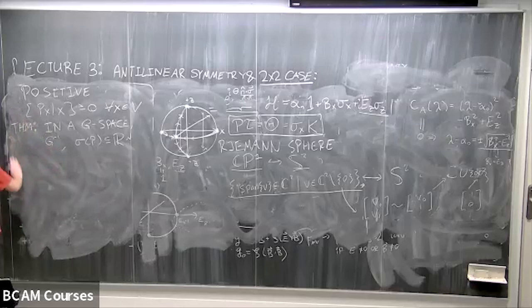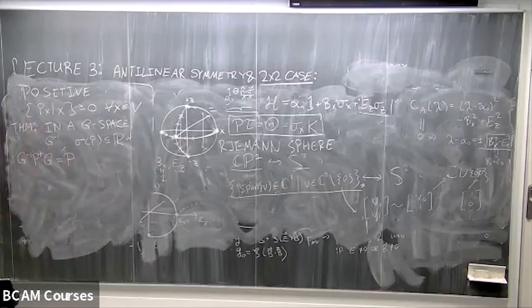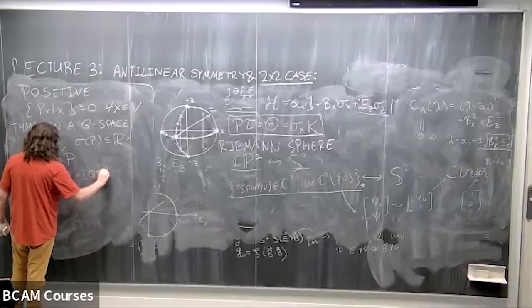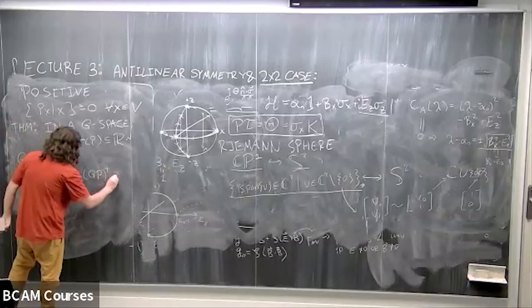The proof of this theorem is pretty straightforward. You have this, which is just the symmetric property. You can multiply G in here and consider this operator. This product operator is symmetric, and if you plug it into the defining relation for a positive operator, it turns out that this is also positive.